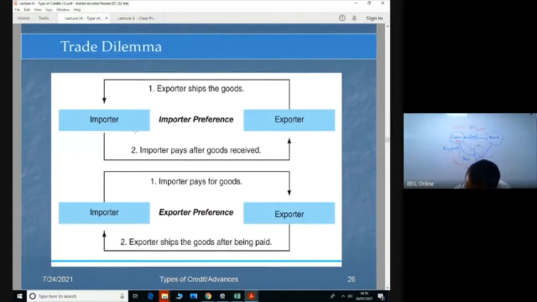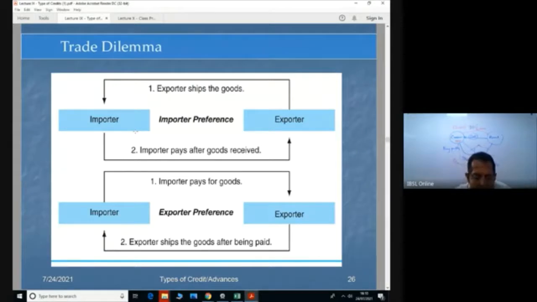Then when it comes to importers, what the importer always prefers is to get the goods into his hand and then settle. What the exporter always prefers is to get the money into his hand and then export. So there is a trade dilemma because of that.